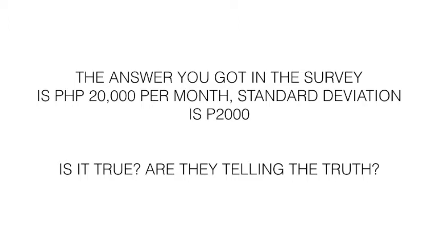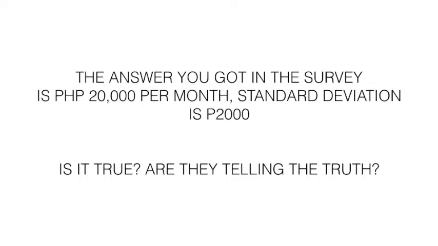So 20,000 is the average income, and 2,000 is the deviation. Standard deviation is the departure from the average, so how far are the other answers from the average. So it says 2,000.